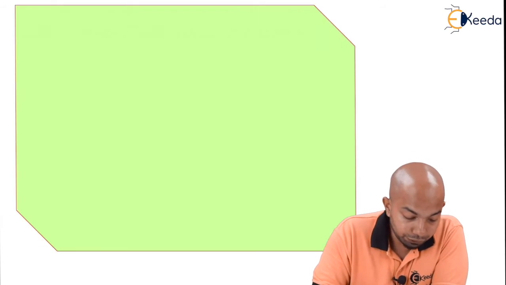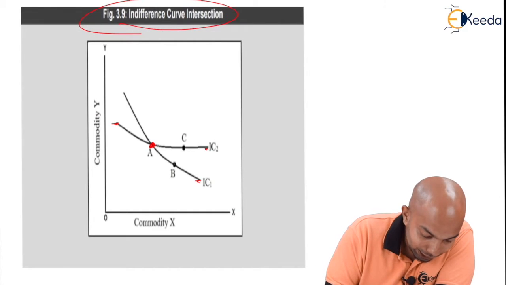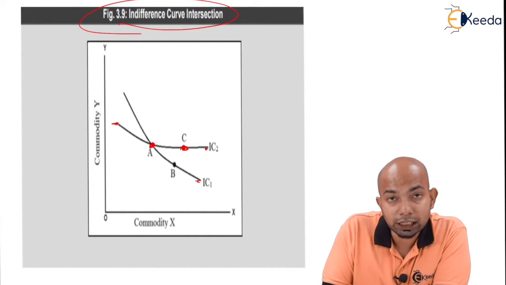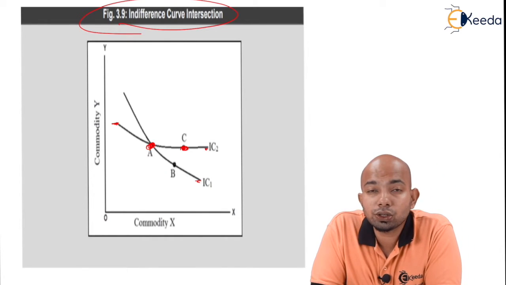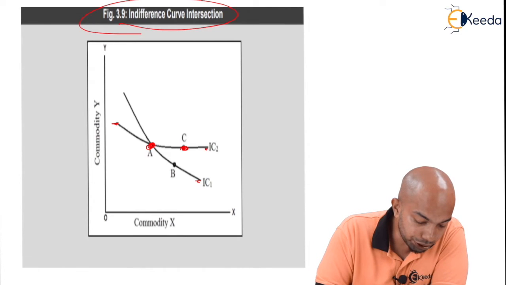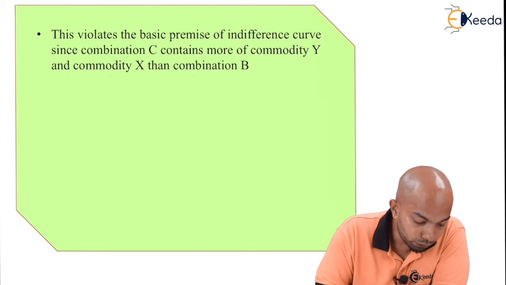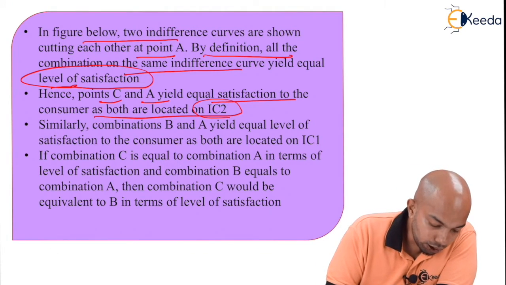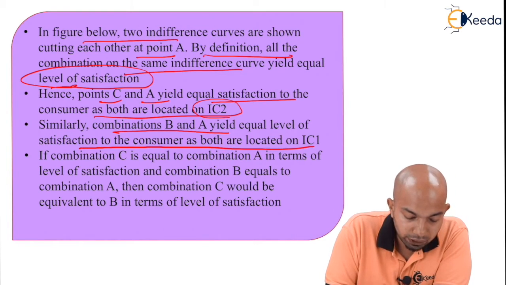Similarly, B and A will yield a similar level of satisfaction on IC1.